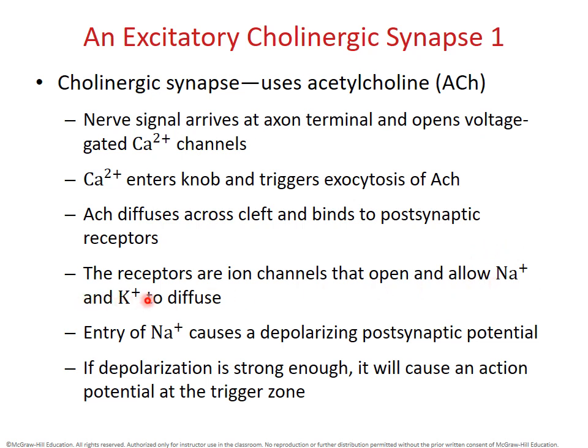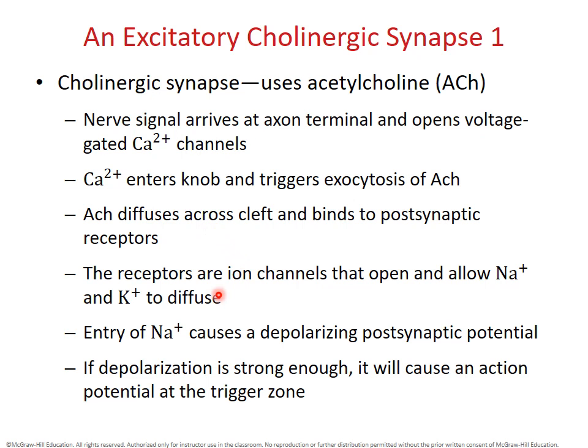Because the gradient for sodium is greater than the gradient for potassium, more sodium flows in than potassium flows out, causing a depolarization of the membrane. This depolarization of the membrane can occur in different sizes depending on how many and how long the gated channels stay open.